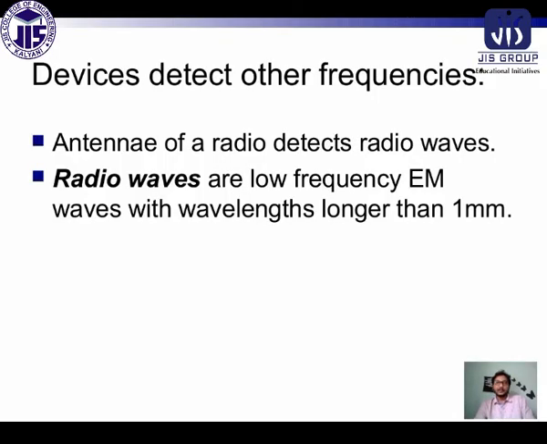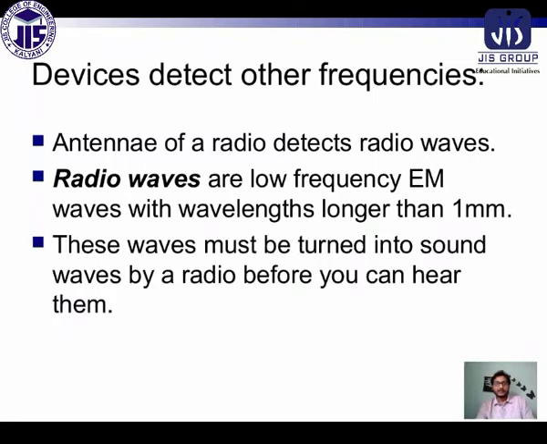Radio waves are the lower frequency electromagnetic waves, having a wavelength longer than 1 millimeter. These waves must be turned into sound waves by a radio before we can hear them.